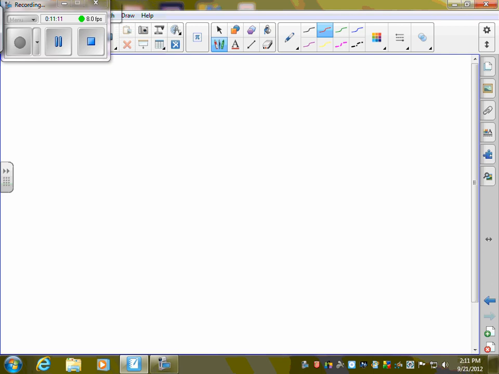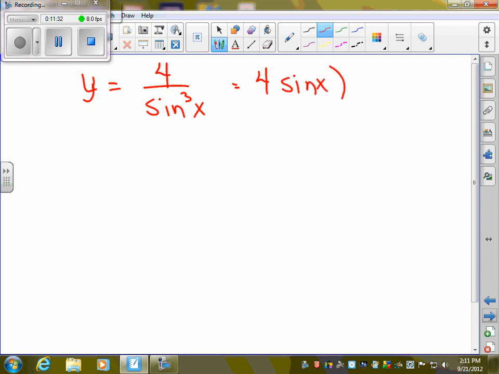Let's use one that has some of the properties that we've talked about before, some of the other ways that we can take derivatives. Let's say we have y equals 4 over sine cubed x. First thing I would do is probably rewrite this rather than do it as a quotient rule, because you've got a constant on the top. So how about we make this 4 sine of x to the negative 3.